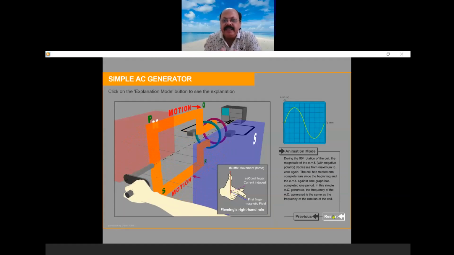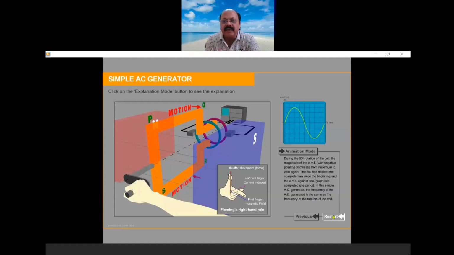So in time period T, during the 90-degree rotation of the coil, the magnitude of the EMF with negative polarity decreases from maximum to 0 again.